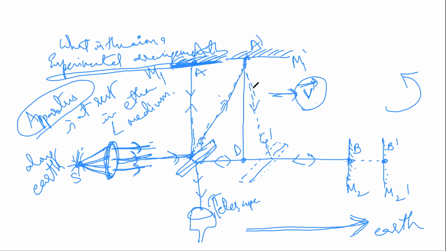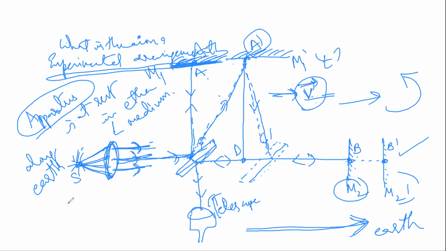And then again it gets here. You understand? It no more hits the mirror here, but hits in this way, because mirror M1 is not at A now, it is at A dash after some time t, moving with velocity in the direction of the Earth. Similarly, M2 is no more at B, it is at B dash. So what will be the path difference between these two rays?